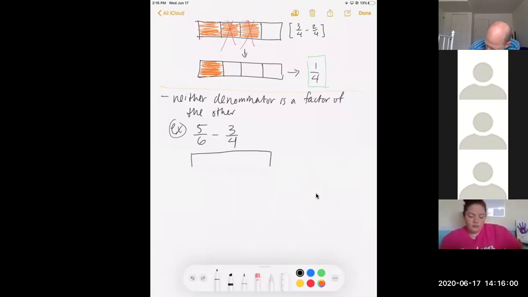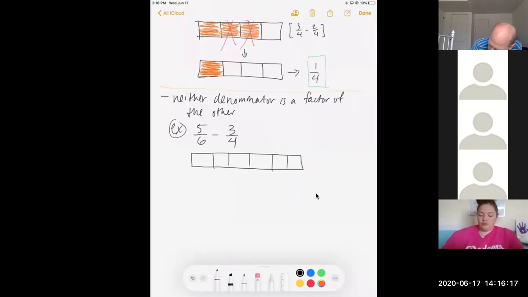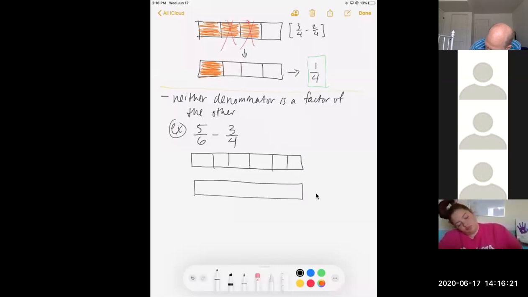It's a little bit longer because we're going to do big numbers here. Okay, so here are my 6ths. And I need to subtract off 3/4. So I need to depict this next whole into 4ths.